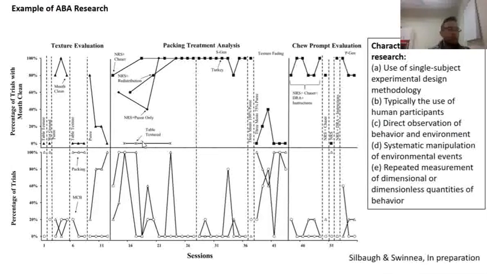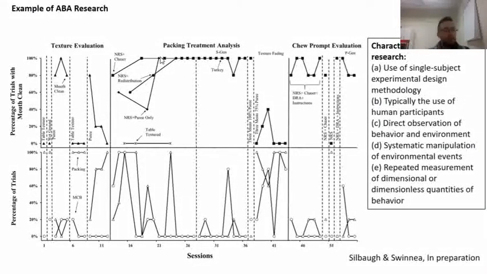And then there was a table texture condition where the ground turkey was just presented on a spoon. She was asked to take a bite, and there was no NRS procedure or any of this other stuff. So you can see that, in general, there are higher levels of mouth clean in these other conditions relative to table texture.